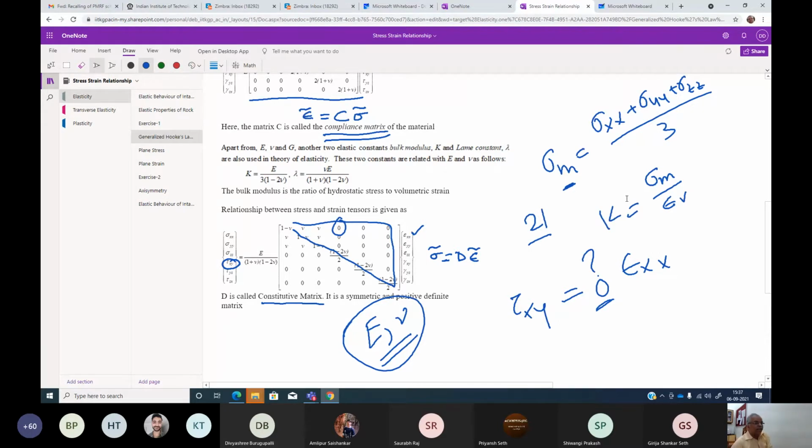Okay, and if you put them together, this relationship will come: E by 3 into 1 minus 2 mu. And Lamé constant is a particular constant which is important here. You can see what is Lamé constant. This is Lamé constant other than the mu. Okay, see, in Lamé constant there is a mu.